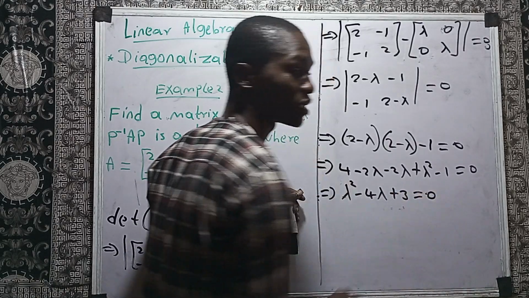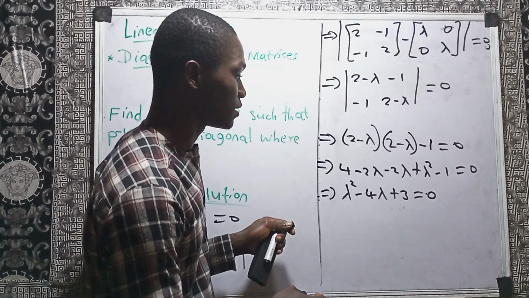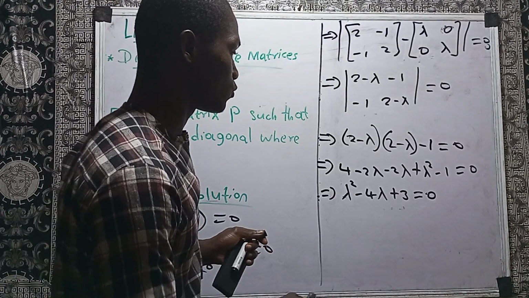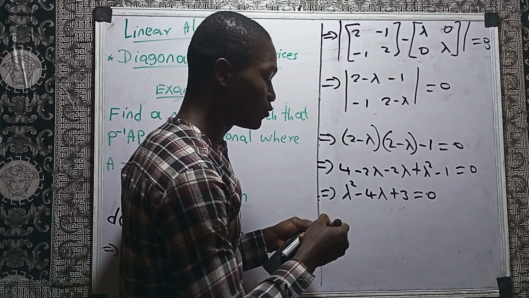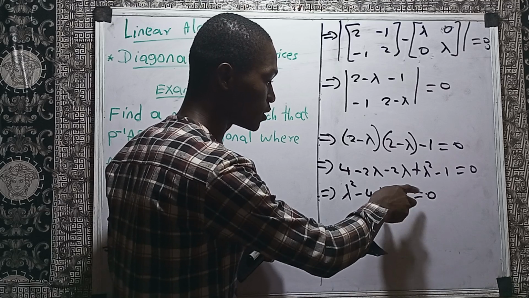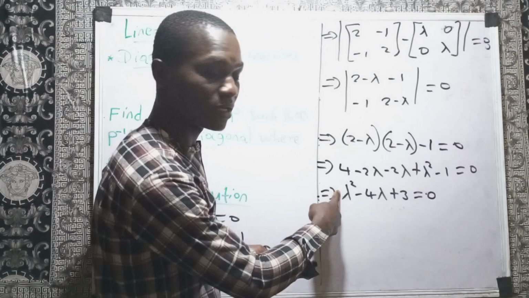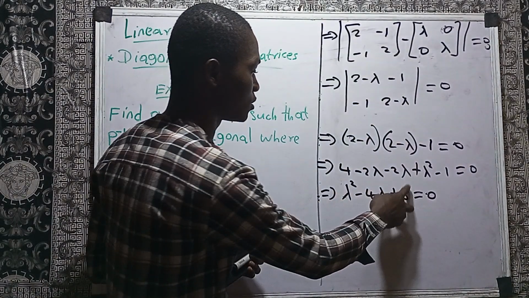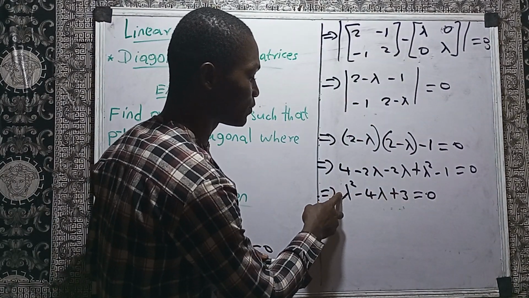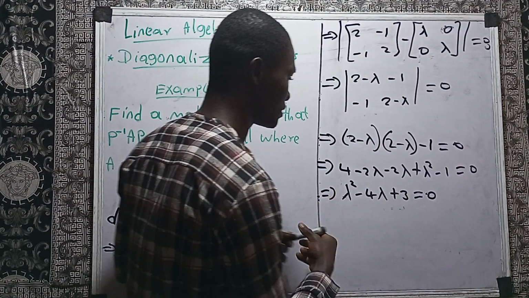So this is now a quadratic equation. Let's factorize. So first of all, let's use this constant to multiply the coefficient of lambda with power 2. The coefficient of lambda squared is 1, so 3 multiplied by 1 is 3.